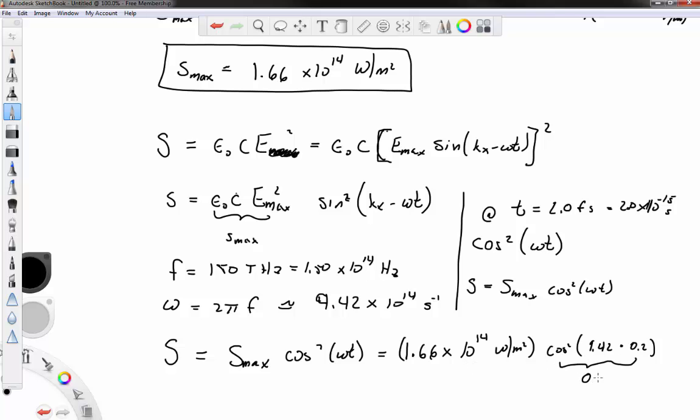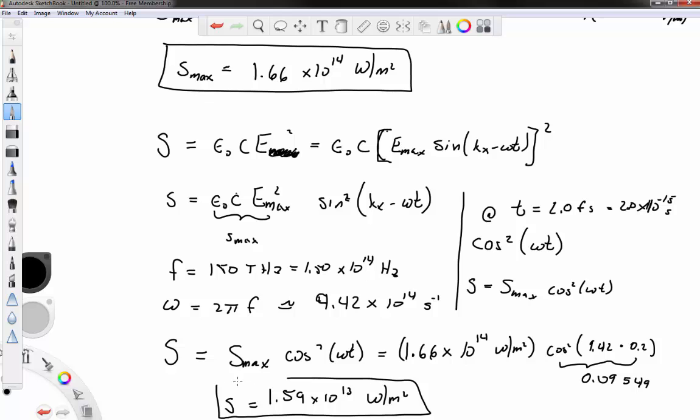And this term right here is 0.09549. And so you end up with S is equal to that times the 1.66 times 10 to the 14. And so you get 1.585, so 1.59 times 10 to the 13 watts per meter squared. And so that is what the intensity of this electromagnetic radiation is 2 femtoseconds after the peak intensity has passed.